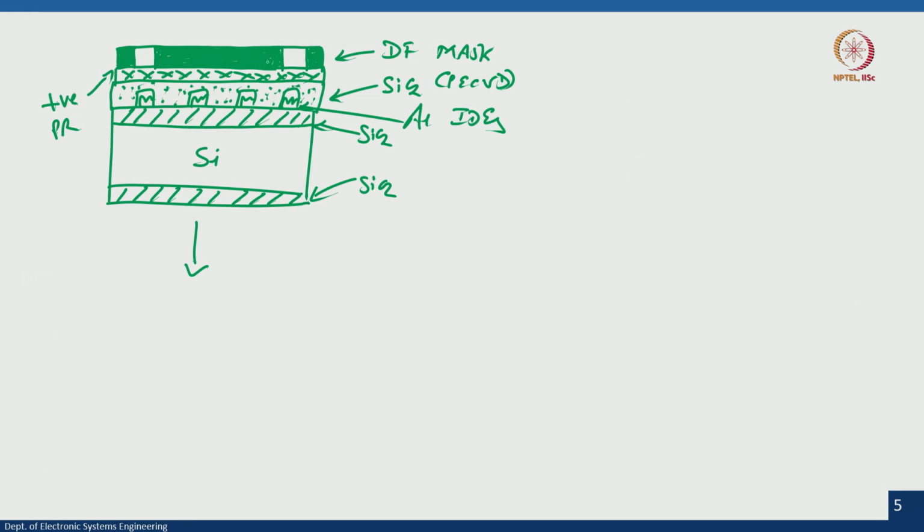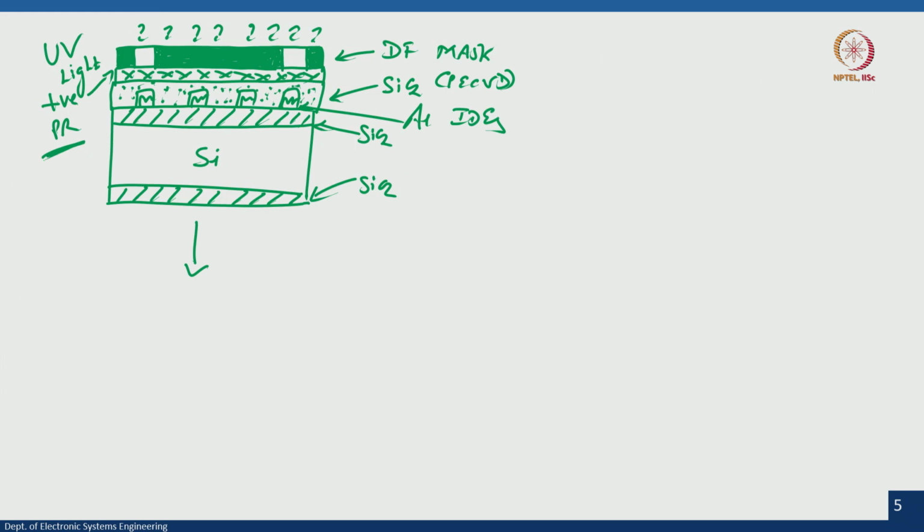Okay. This is my dark field mask. Now, I will expose this with UV light. Okay. Expose the photoresist which is below the mask, right, with a UV light.